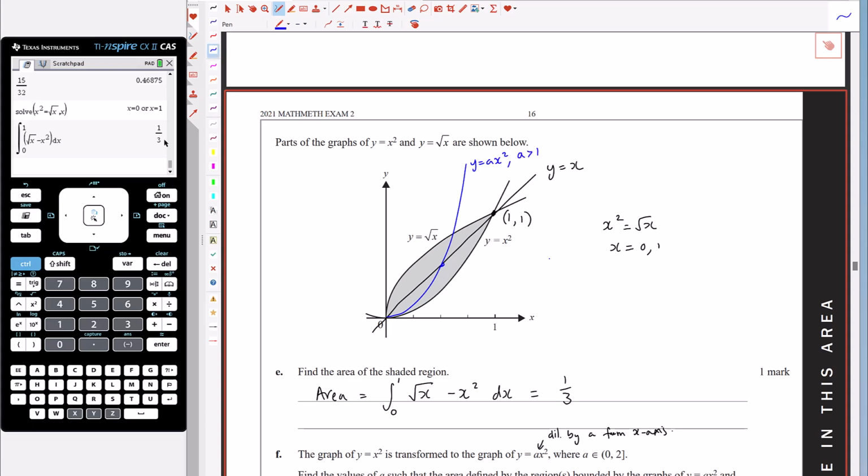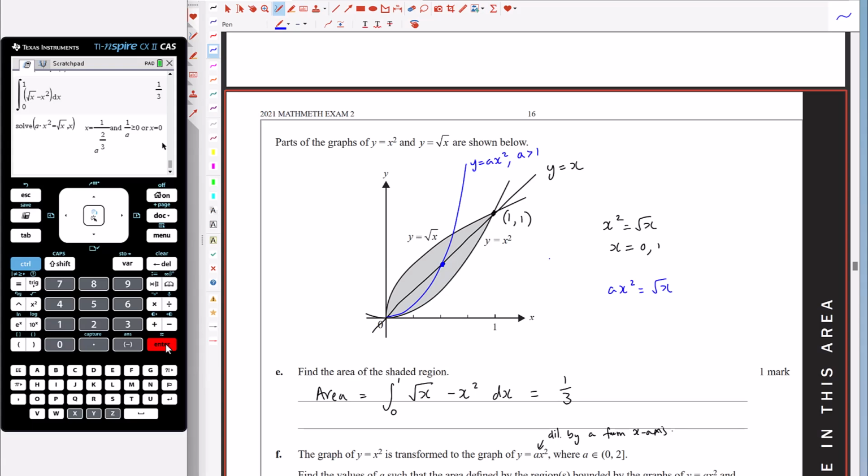And so what we're going to have happen here then is that they're now going to intersect at, let's solve ax squared equals root x. A times x squared equals square root of x for x.